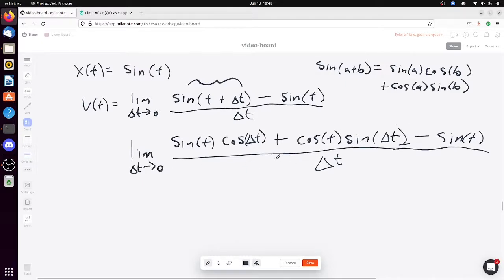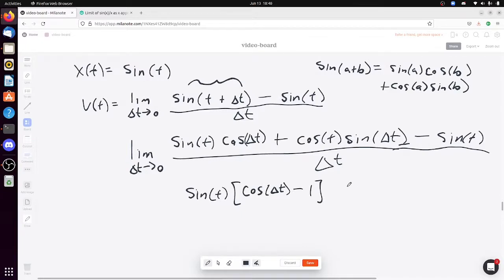So this is what we have, and is there any way we can rearrange? One thing that we see is that this term here has a sine of t in it, and so does this one. So we can group these two together and kind of reverse distribute the sine, basically pull the sine out. So we can represent that as sine of t times cosine delta t minus 1.